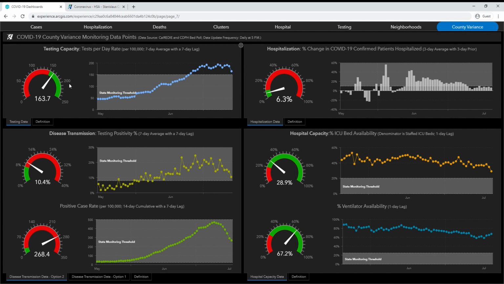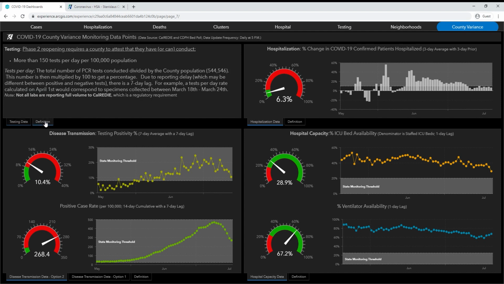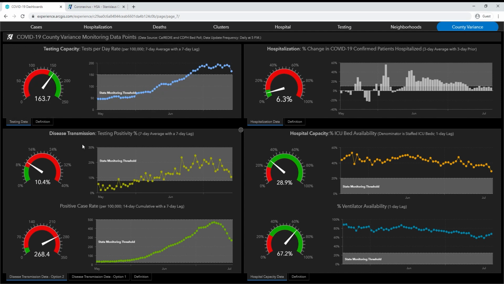Based on the threshold here, you can see currently we are testing 163.7 people a day at a 7-day average. So we are above the state monitoring threshold for testing capacity. If you would like to review the definition, you can also click the definition tab next to the testing data tab.